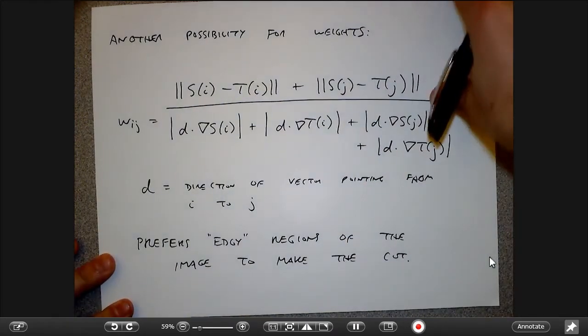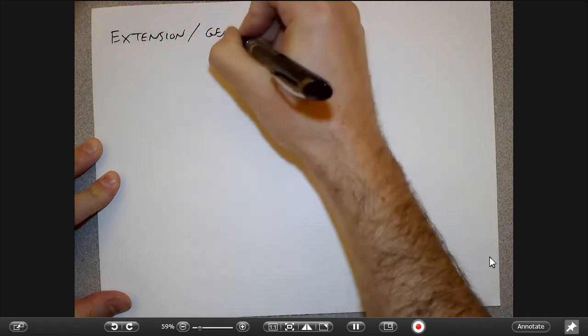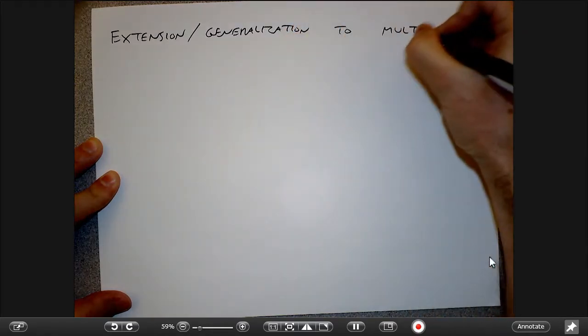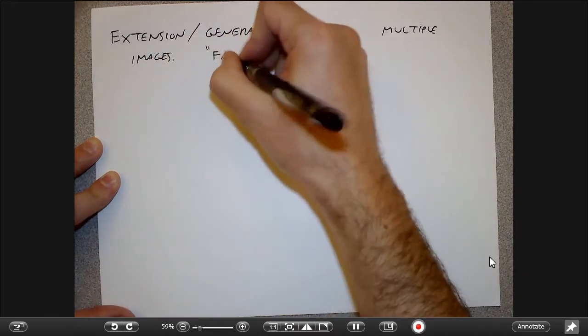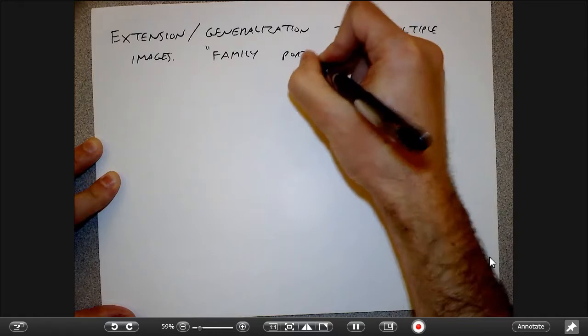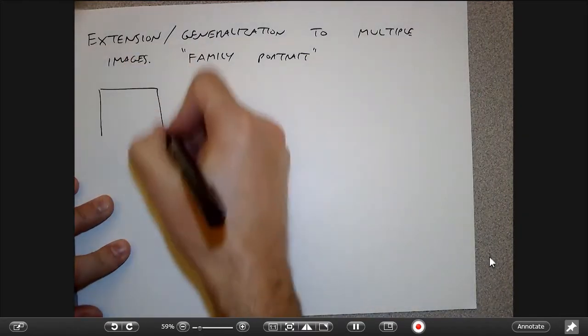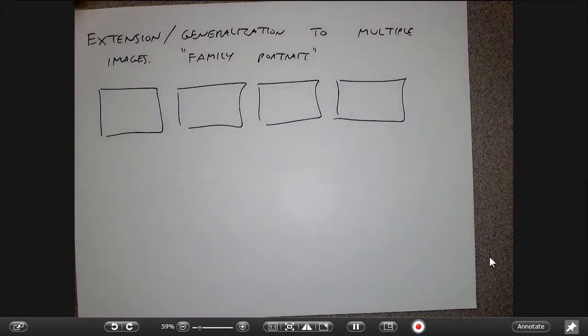And so the idea is an extension or generalization to multiple images. The canonical example of this is the family portrait idea, right? I want to make the family portrait where everyone is smiling. In this case, I may have a whole bunch of images, none of which is really playing the role of source and target explicitly.